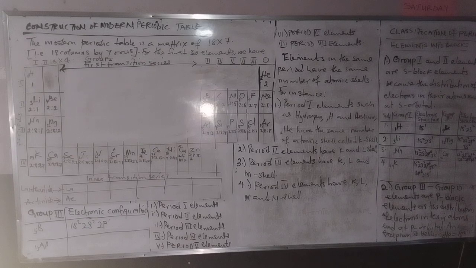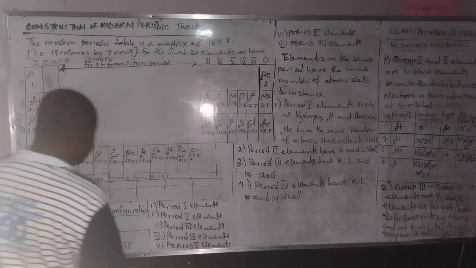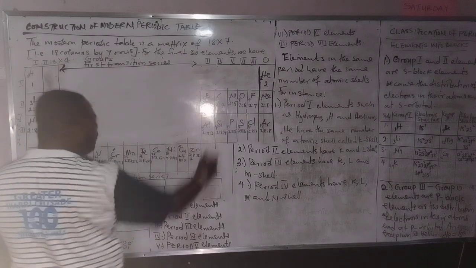Now the next one is aluminium. We have 1s2, 2s2, 2p6, 3s2, then 3p1. Let's check. 6, 7, 8, 9, 10, 11, 12, 13. So the distribution of electrons ends in 2p, this one ends in 3p. That's what makes it what? P block element.